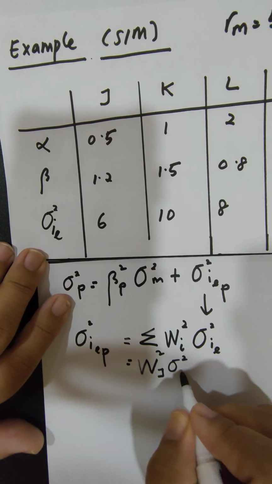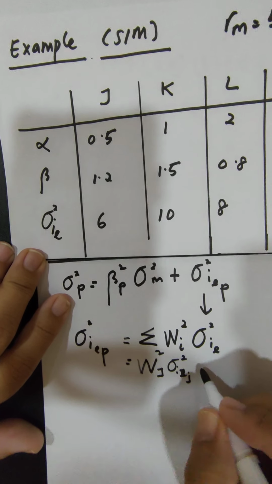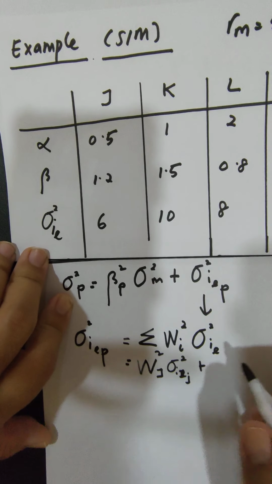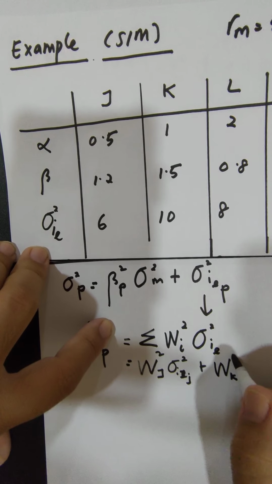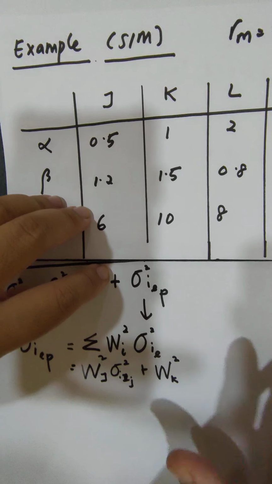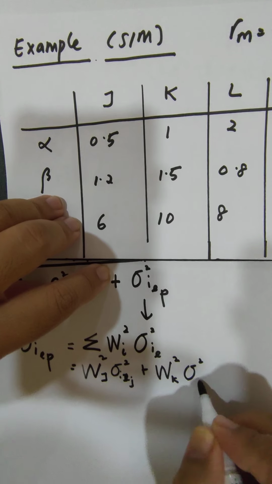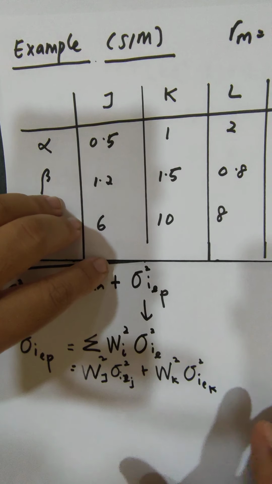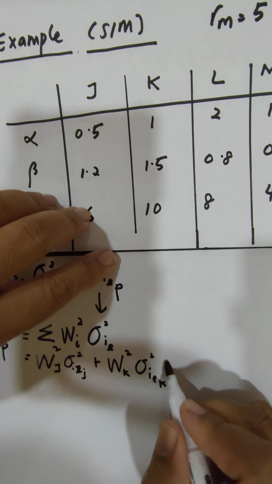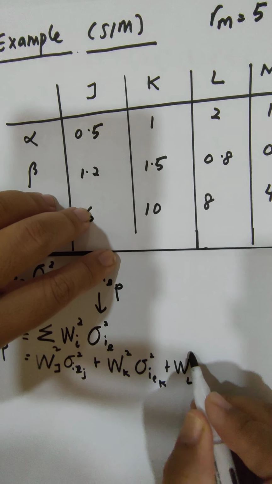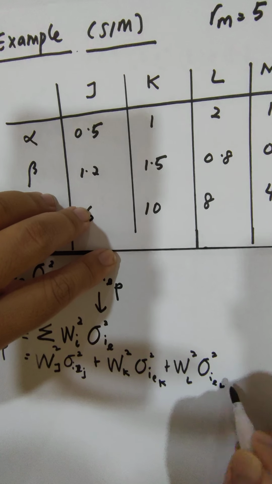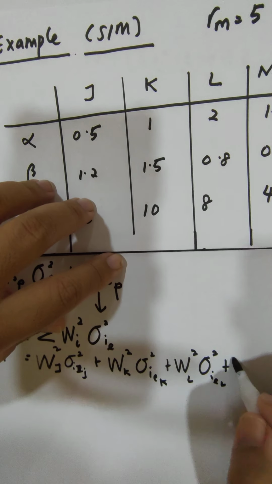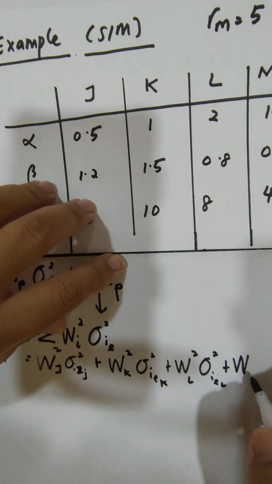This is power of 2, residual variance of J, plus weightage of K, power of 2, multiplied with residual variance of K, plus weightage of L, power of 2, residual variance of L, plus last but not least, our last asset would be M.